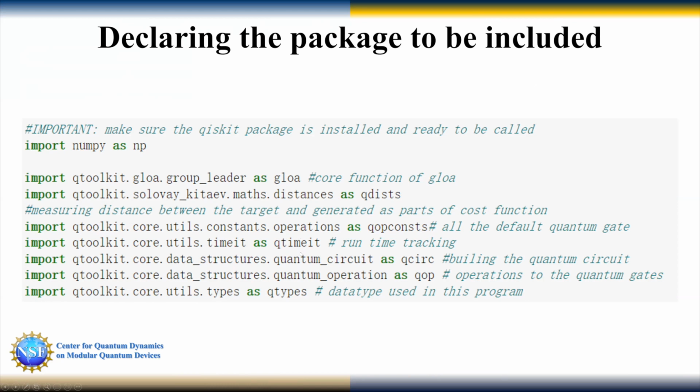The QTimeit function keeps track of the runtime. The QCirc function has all the tools and instructions on how to build and vary the quantum circuits. The QUp function has the operations of the quantum gates. Finally, QTypes records the data types used in this program.